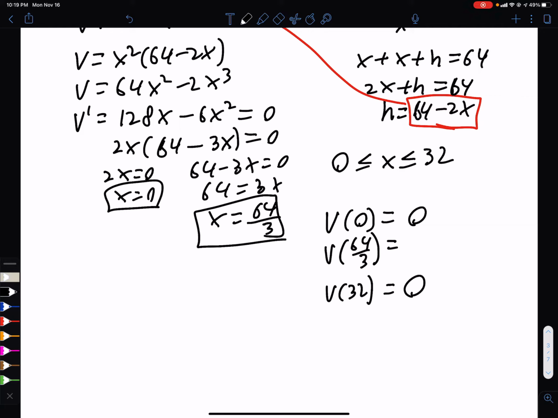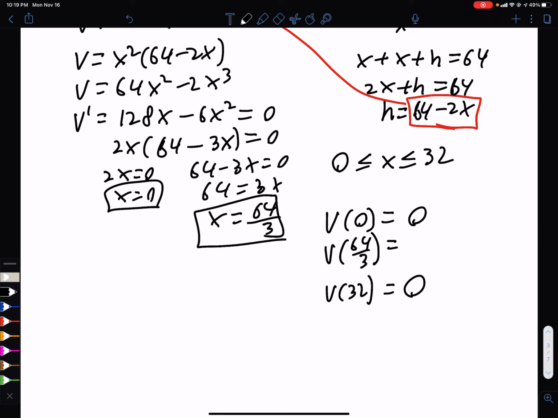And so, should I do that in my calculator? I should have had this ready for you, but I messed up. So I will hopefully quickly put on my calculator. X squared, 64 minus 2x. I can do this fast. Fast as lightning.